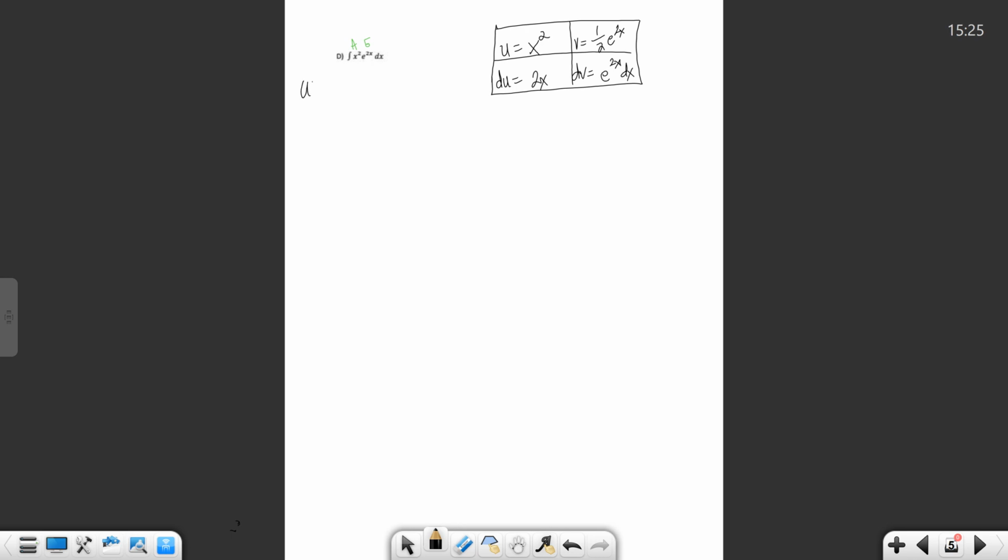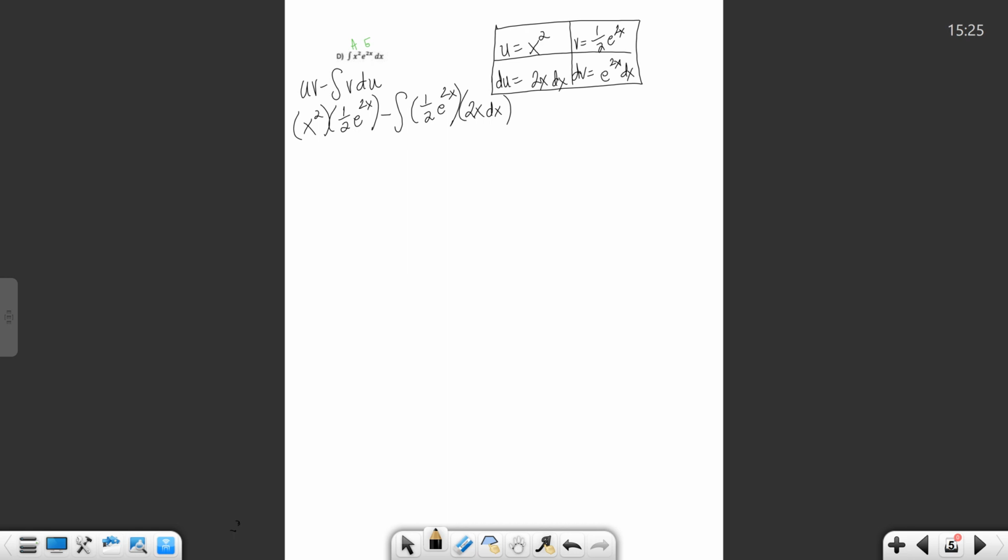All right, so then this is uv minus the integral of v du. So let's plug that in. So uv minus the integral of v du. I told you I'd forget my dx.